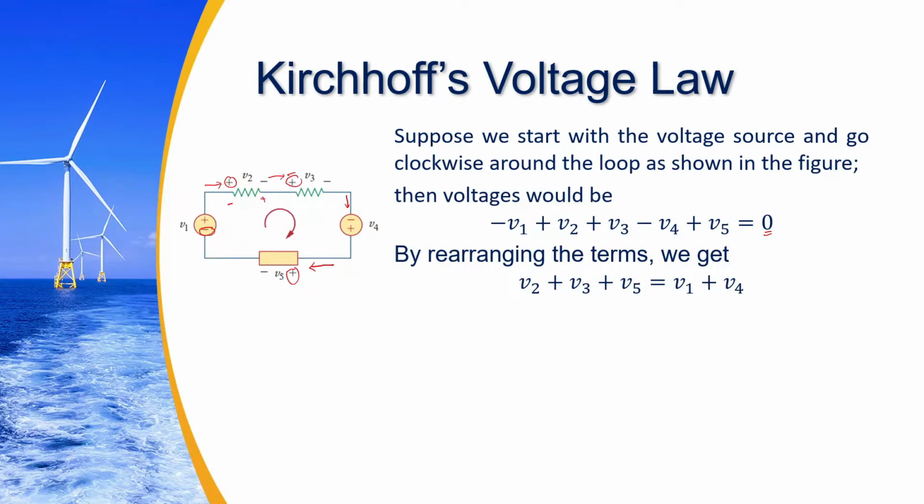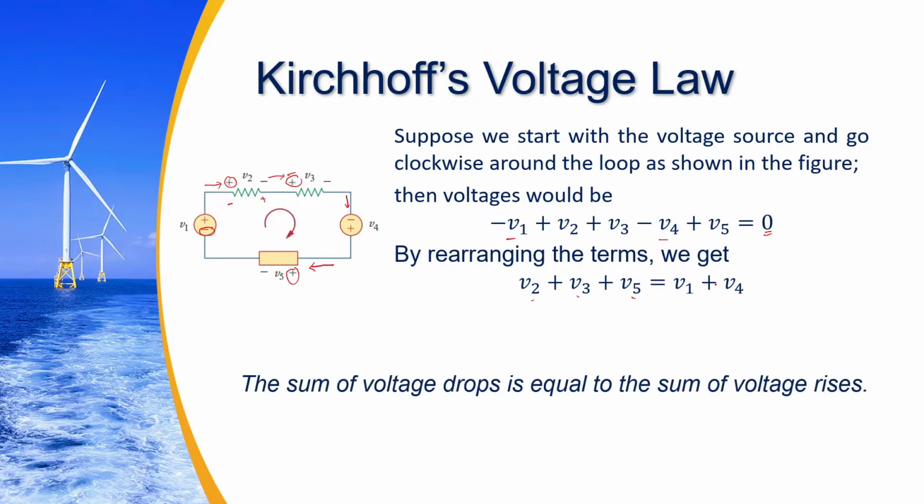So, therefore, ang mga naiwan sa left side natin is itong V2, V3, at V5. Then, itong V1 at V4, pag nilipat natin sa kabilang side, magiging pareho silang positive. Okay? So, therefore, the sum of voltage drops is equal to the sum of voltage rises. So, yan yung sinasabi ng equation natin na ito.